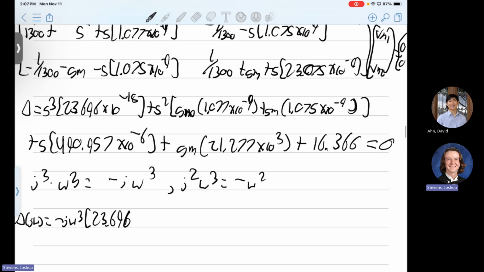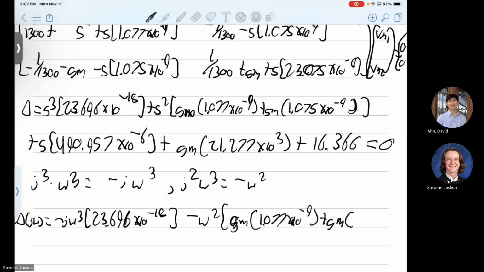23.696 times 10 to the negative 18th minus omega squared, all times GM 1.077 times 10 to the negative 9th plus GM 1.075 times 10 to the negative 9th.